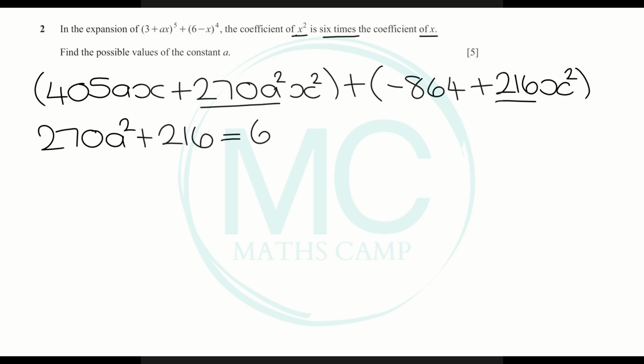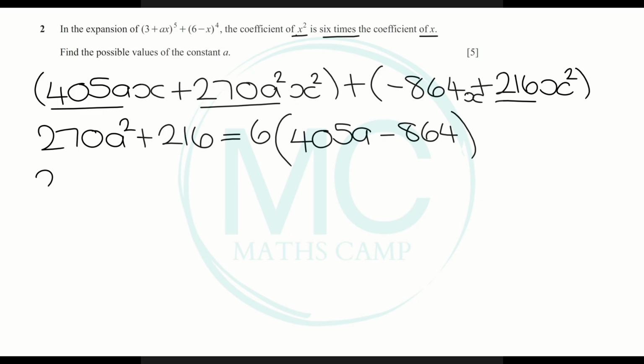So I can say 6, let's open a bracket. Now let's look at our x terms. I have 405a minus 864, and this should be the coefficient of x. And now on the right, let's quickly expand the bracket.